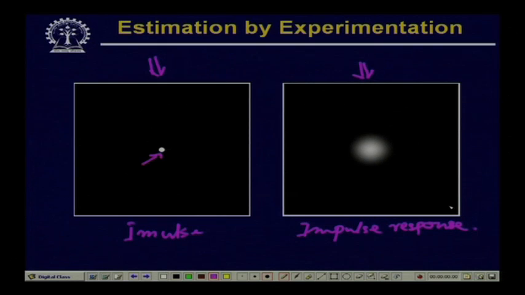Once I have the impulse and this impulse response, from this I can find out the degradation function of this imaging system. Now, we know from our earlier discussion that for a very narrow impulse, the Fourier transformation of an impulse is a constant.